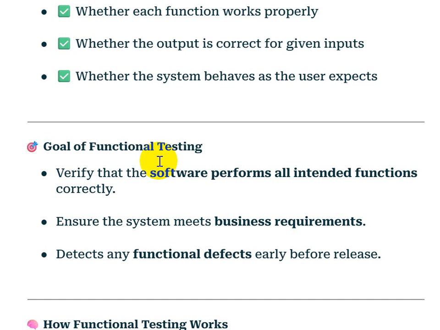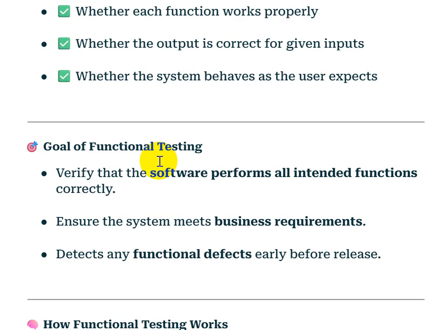Whatever requirement is provided by the business, only those things should be available in our application. Whatever validation criteria are provided by the business, we check whether that criteria is met by each individual field in our application.